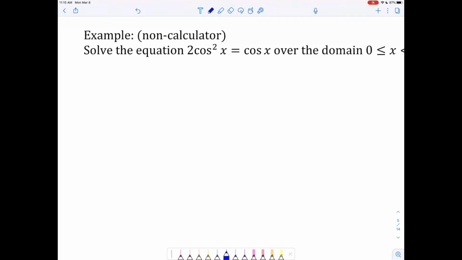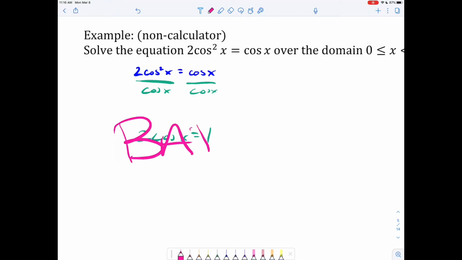But let's see. We're told that 2 cos squared of x is equal to cos x. Ooh, you know what's really tempting? Dividing both sides by cos x and just saying that 2 cos of x is equal to 1. But that would be bad. Don't do that.